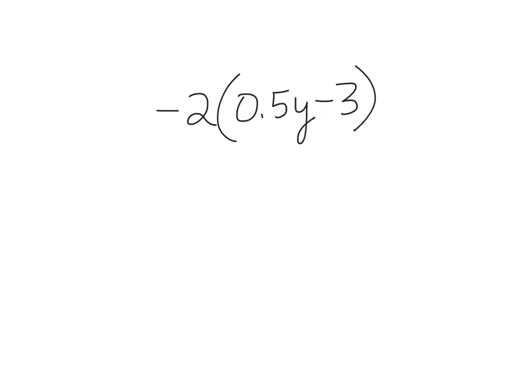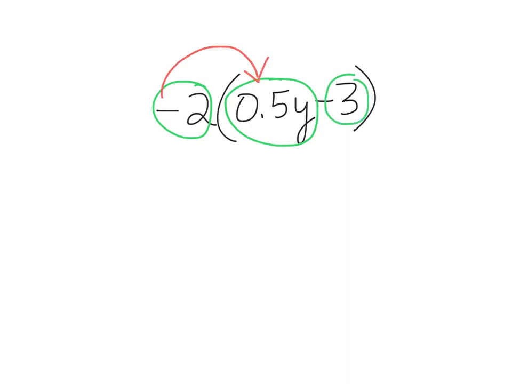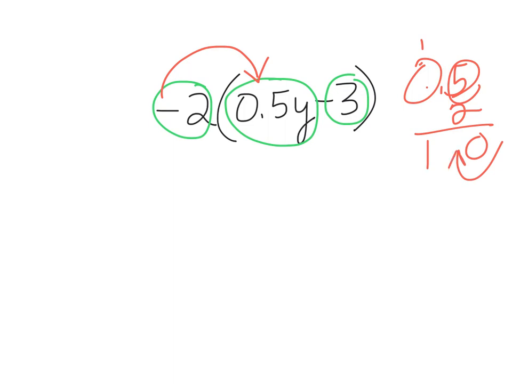Negative 2, negative 0.5y, negative 3. There's 3 terms right there. Negative 2 times 0.5. I hate saying 0.5. It's 0 5/10. So I'm going to go 0 5/10 times 2. That's going to be 10, 0, 1. One spot like that.